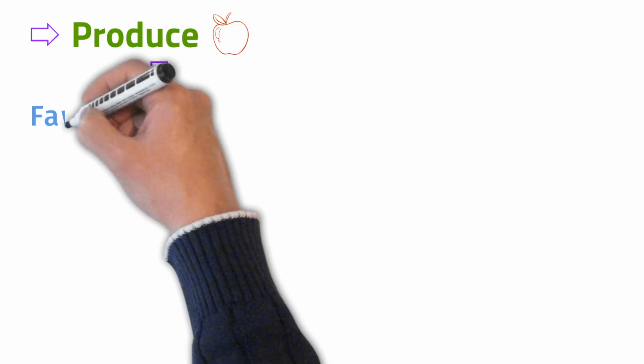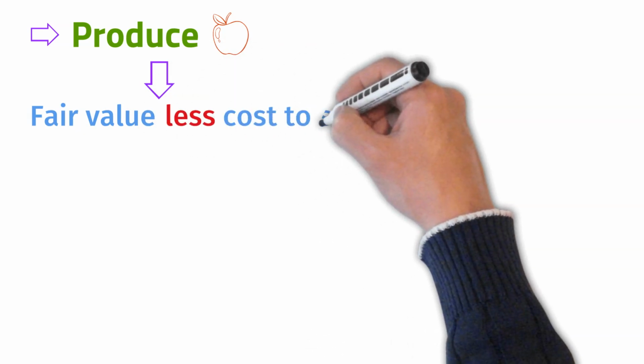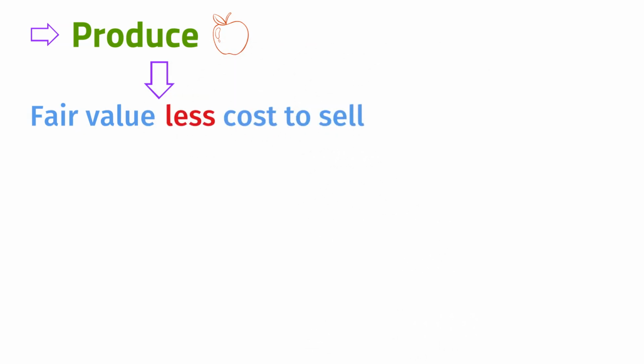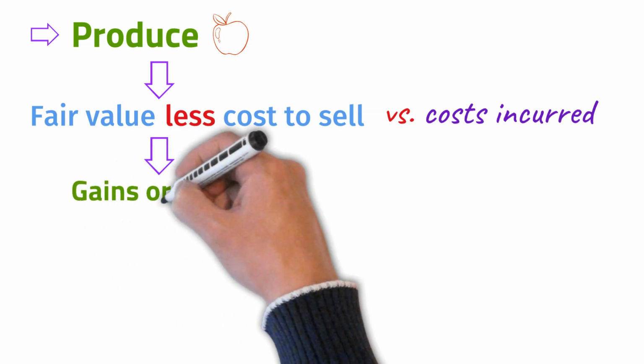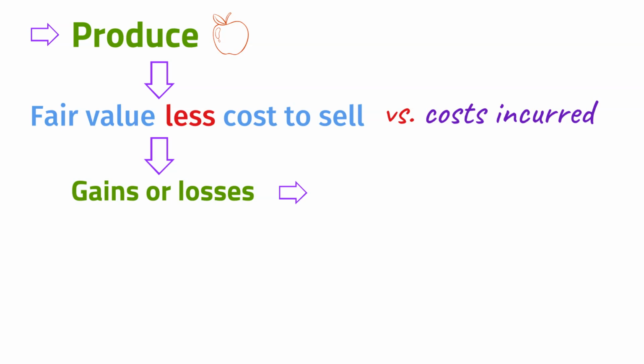For produce and other biological assets, not bearer plants, we do the following. Measure at fair value less cost to sell at each reporting date, with reference and comparison against the actual accumulated costs, which were incurred from the start of the season to the point of harvest, when you pick apples from the trees. Gains or losses from changes in fair value go to the income statement immediately.